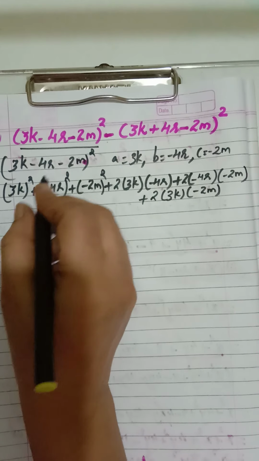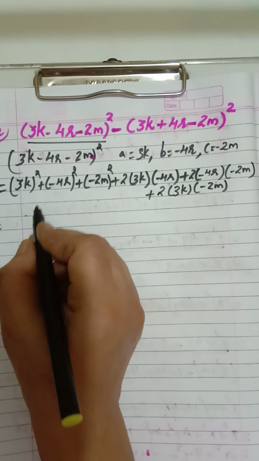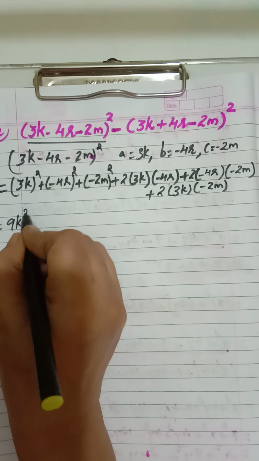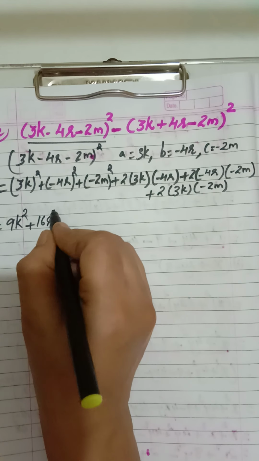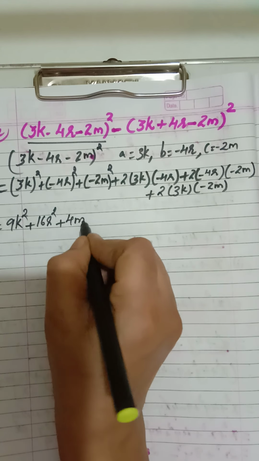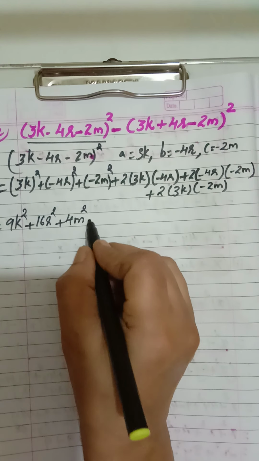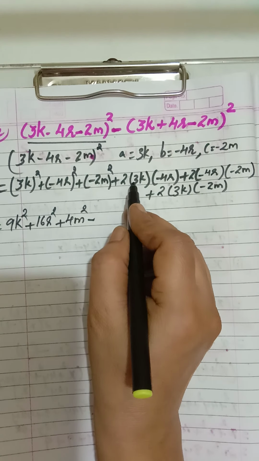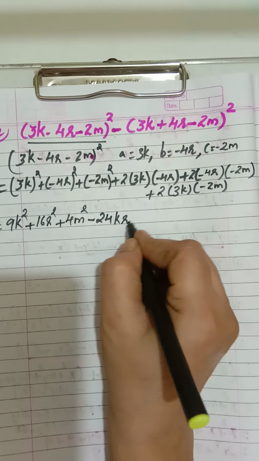Now this is equal to 3 square. See children, 3 square becomes 9k square plus again minus 4 squared becomes 16r square plus 4m square. Now here one minus sign is there, so it is minus. 2 3s are 6, 6 4s are 24kr.